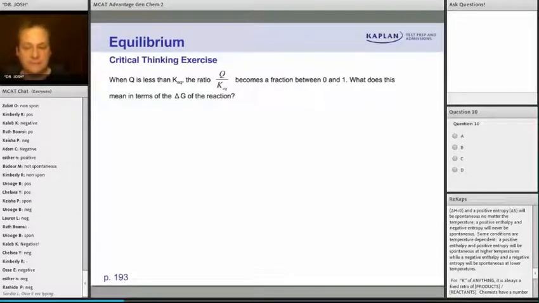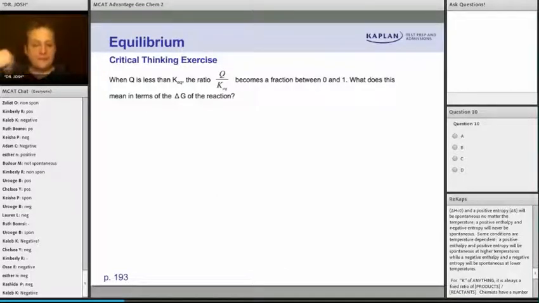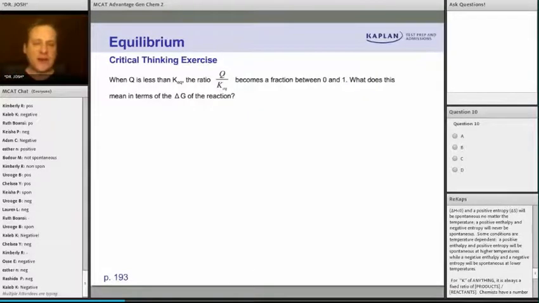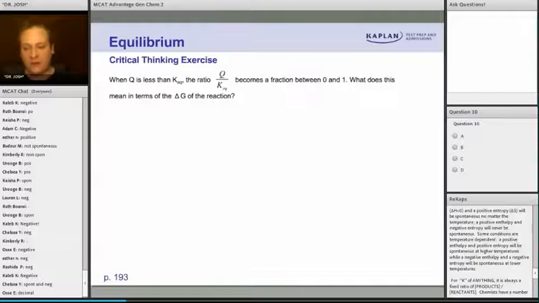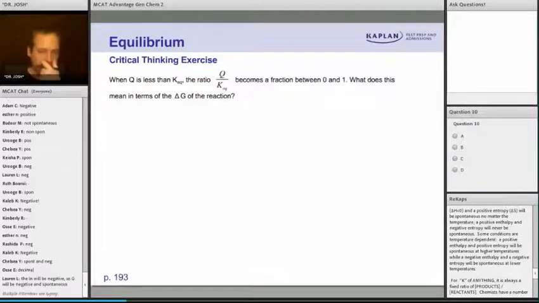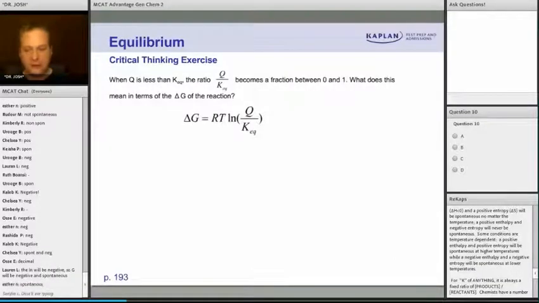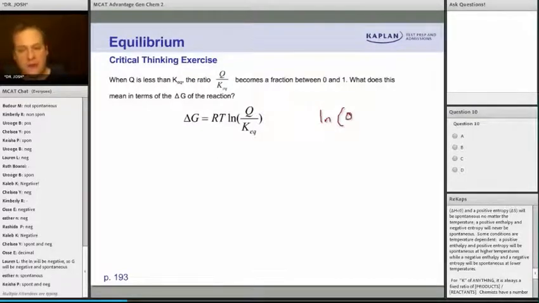Nicely done. So you tell me, what does this mean in terms of delta G for this reaction if Q is less than Keq? Noting that this is pretty close to what we just discussed. It's just hand in hand with all of our newfound love of equilibria. Well, if we have a fraction between 0 and 1, we think back to our equation.